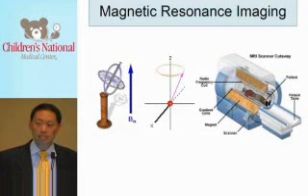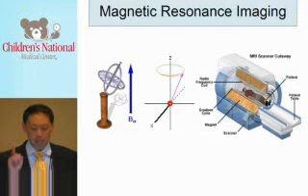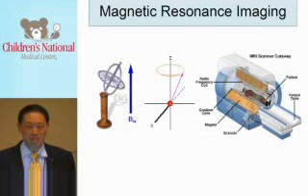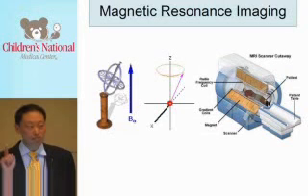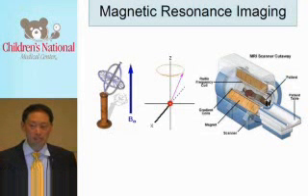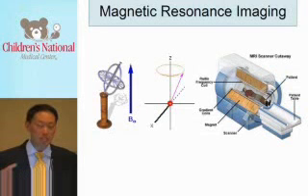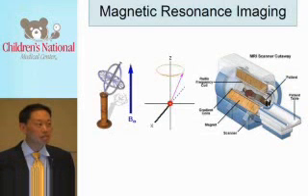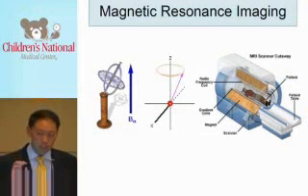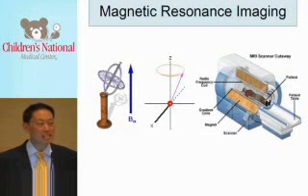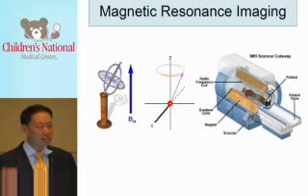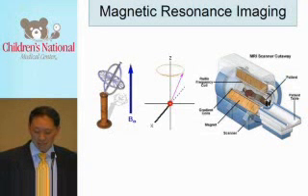The extraordinary thing is you can predict the frequency of that spinning top, and if you use a radio frequency, just a radio wave like you're listening to 107.3 FM or something like that, if you can target the frequency of that radio wave to the exact same frequency as the spinning protons, you can excite them, you can alter them, you can manipulate them, and as they bounce back, they will sing out a radio frequency wave that an antenna can pick up, localize in three-dimensional space, and paint a volumetric picture of the internal anatomy.